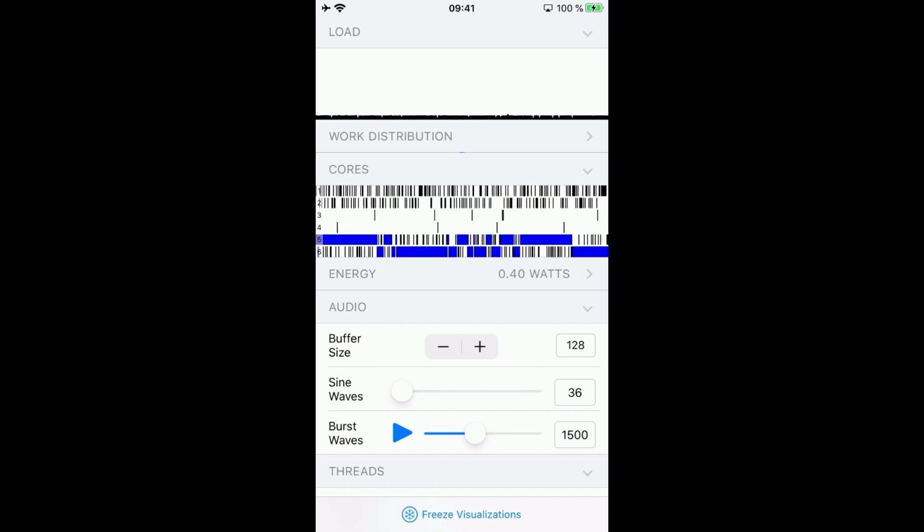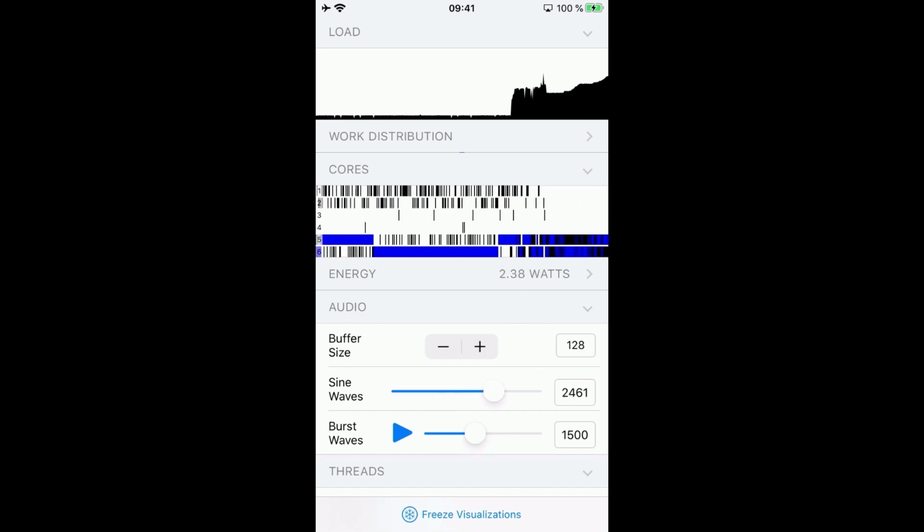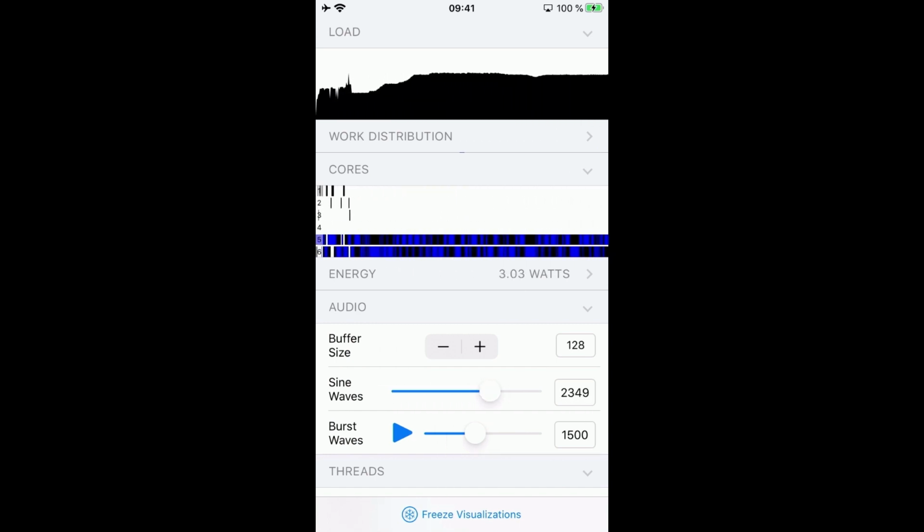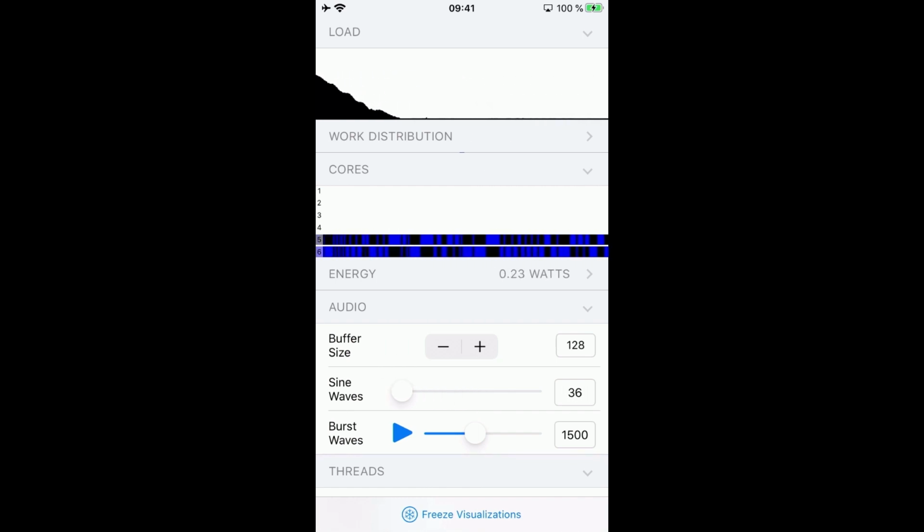And if I increase the load, it'll switch so that all of the sines are being processed on the performance cores. It stays there for a while. So the behavior is sometimes hard to understand.